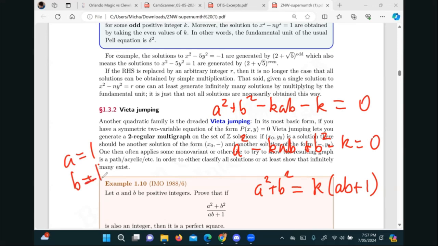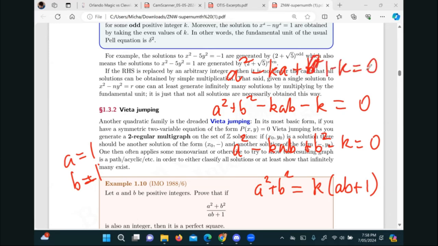So maybe we should take b equals 1. If b equals 1, you get a quadratic equation in a: a squared minus ka plus 1 minus k equals 0.